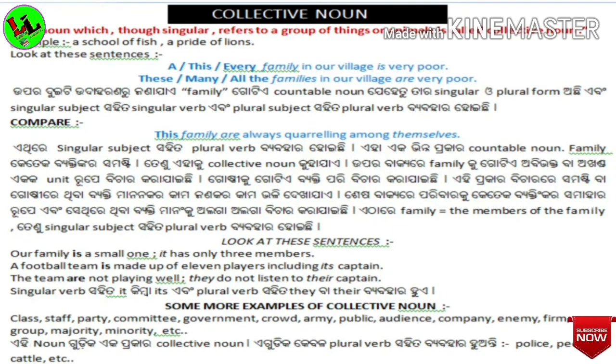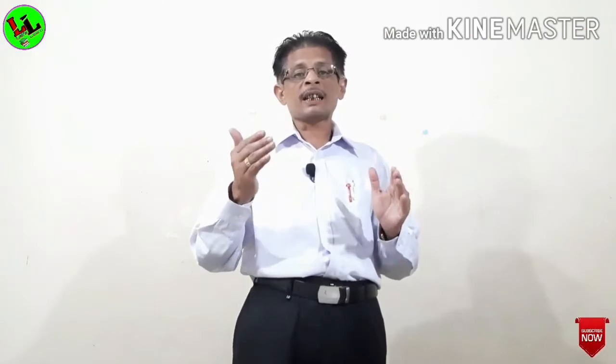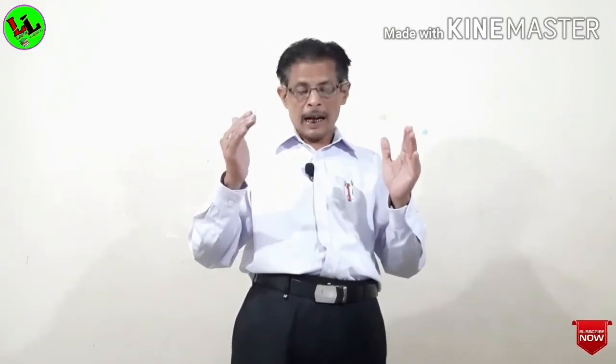And these collective nouns can only be used with plural verb. And some of these nouns are police, people, cattle, etc. Now you see, this is about the definition and example of collective noun.